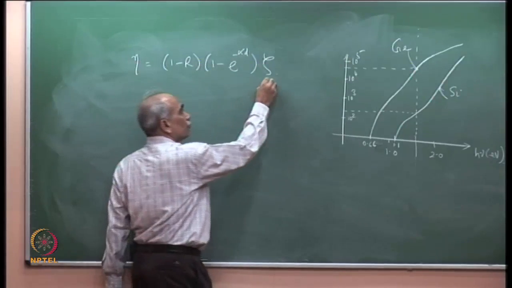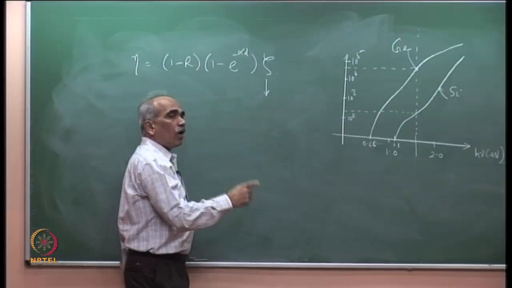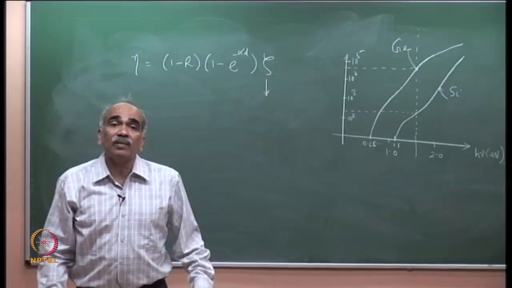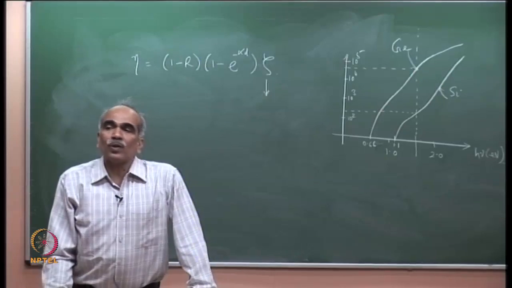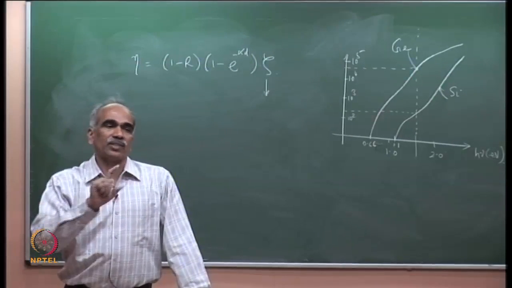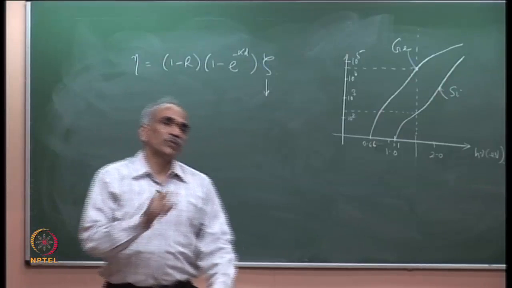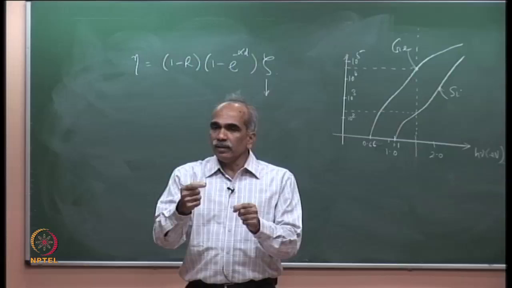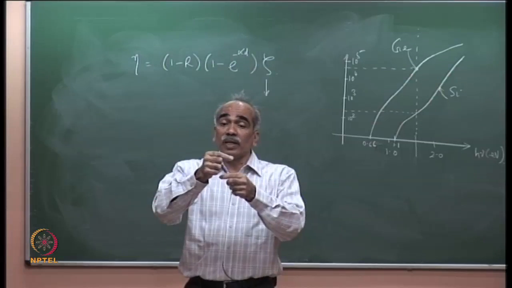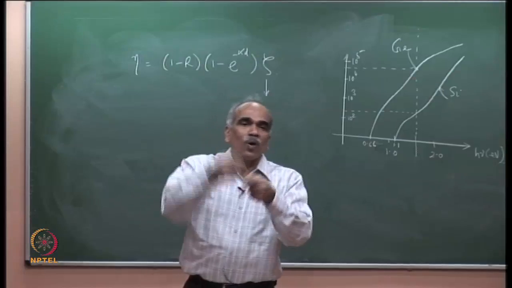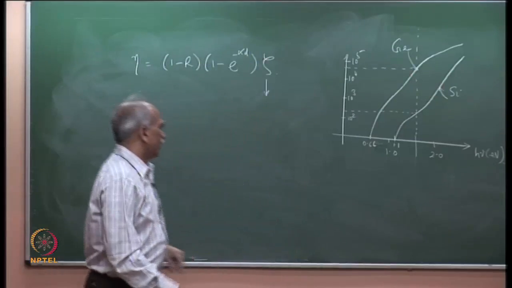Zeta is the fractional number of absorbed photons that will generate electron hole pairs which contribute to the current in the external circuit, which means first it has to generate electron hole pairs, and second it has to contribute, which means the electron hole pairs have to remain alive as we do not want them to combine immediately.